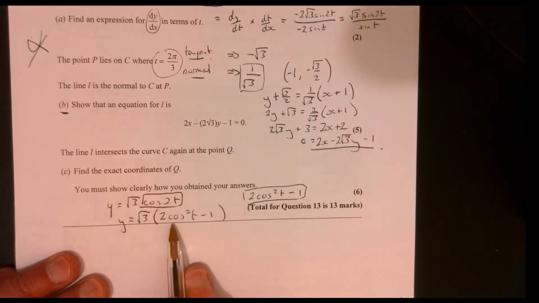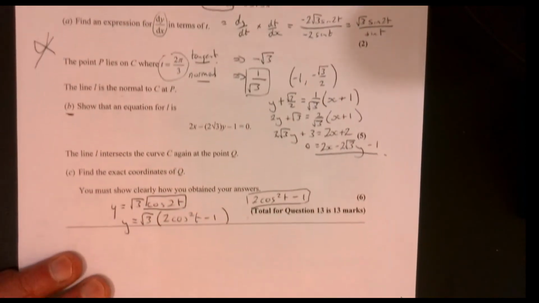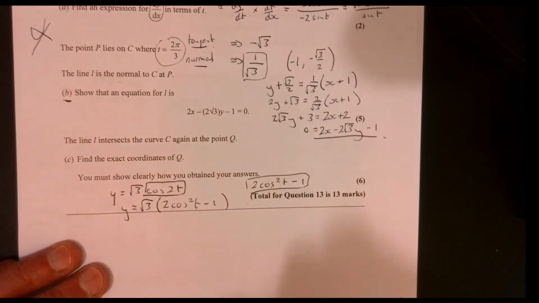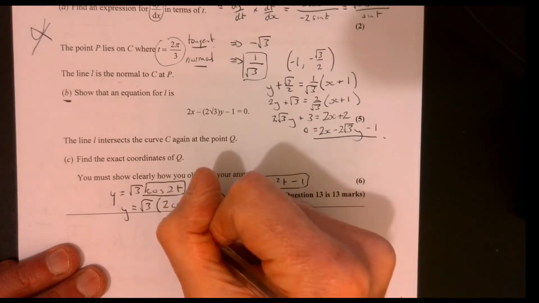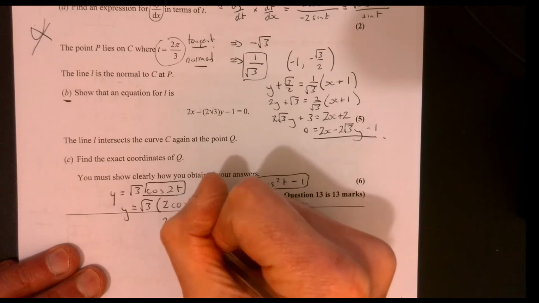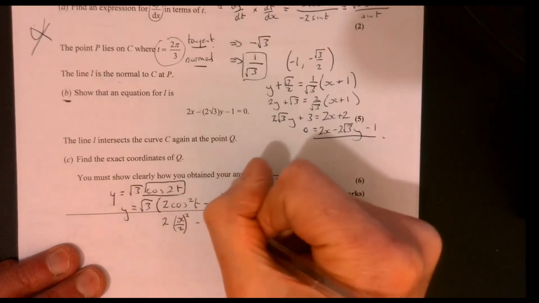Well, remember we just said a second ago that cos t is x over 2. So let's replace it, and where do we get to? So cos t is x over 2, so that'd be x squared over 2. There we go. Take away the 1.